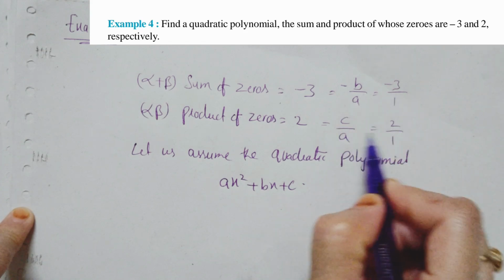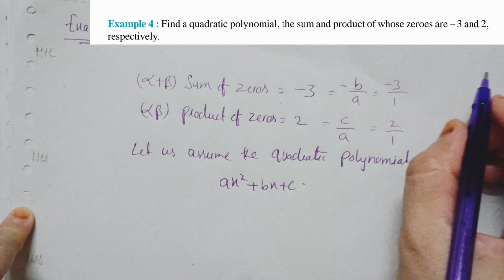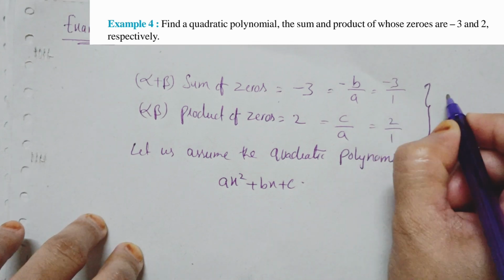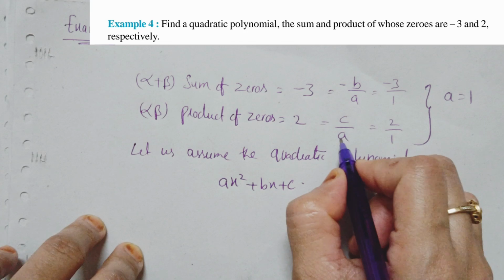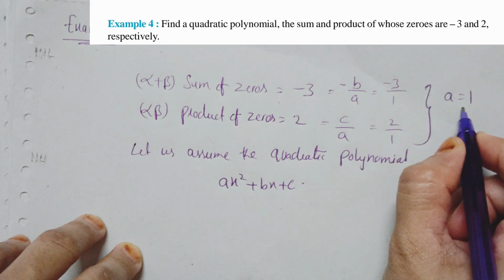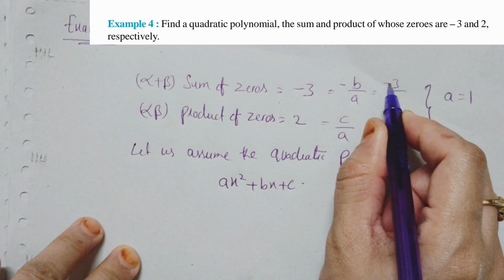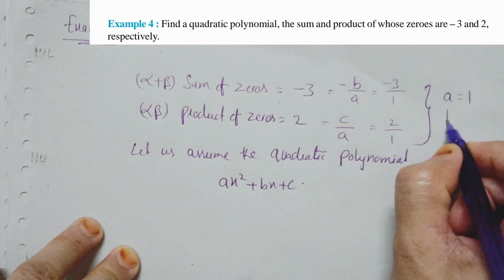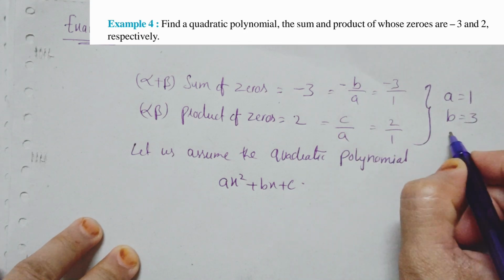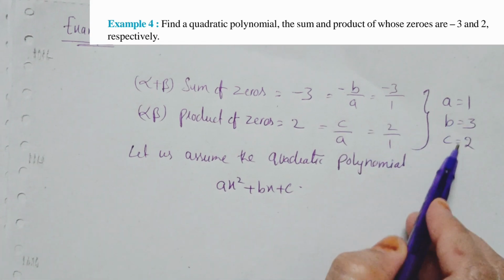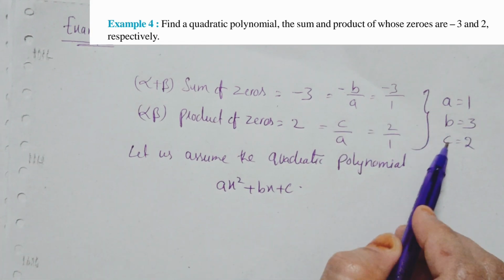By seeing this, we can easily say a equal to 1. Here a is 1, here a is 1, that's why a equal to 1. So minus b equal to -3, then b value is 3, b equal to 3, then c value is 2. Okay, in this way we have to pick out all the a, b, c values.